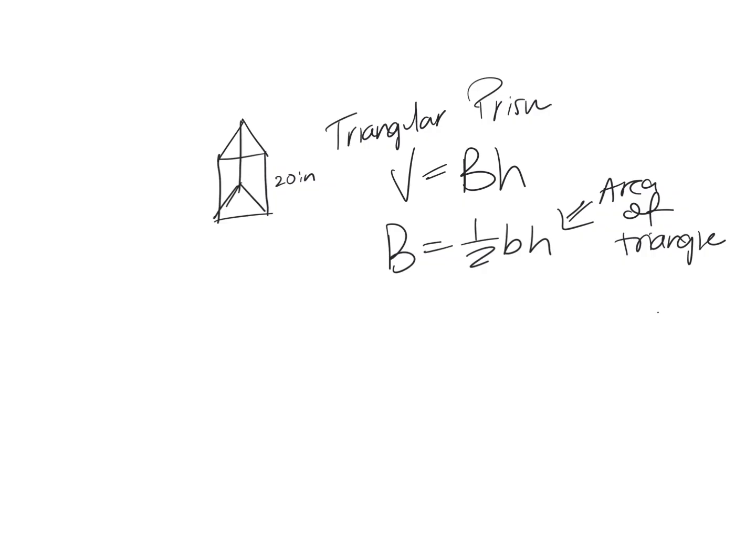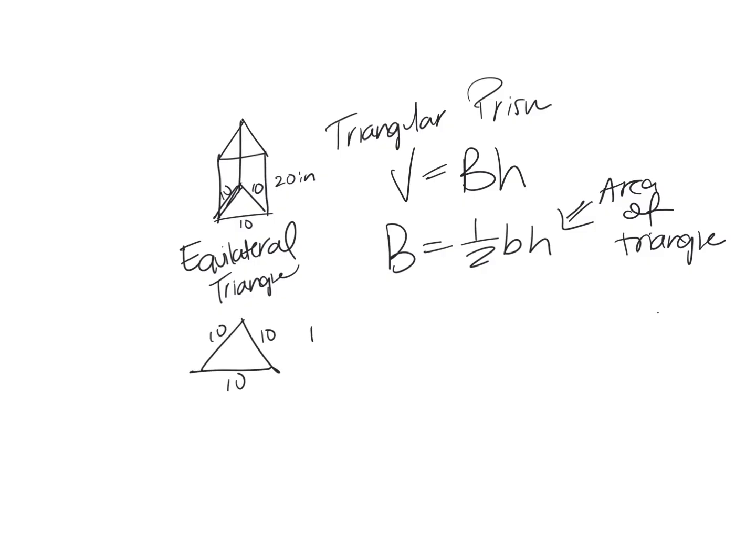So I want to show you one where the base is an equilateral triangle, because if you know how to do that, you'll know how to do everything else. So let's say it's 10, 10, and 10.